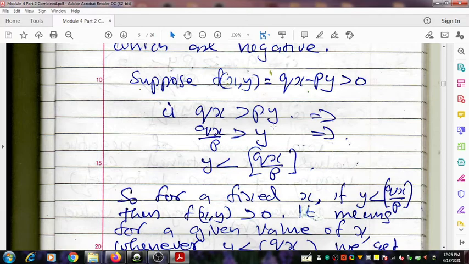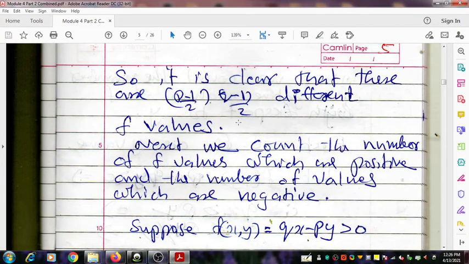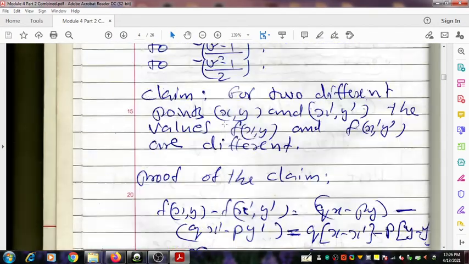So by considering x only, we count the number of positive function values with respect to x. We have to consider x equal to 1, x equal to 2, and so on up to the upper limit of x.